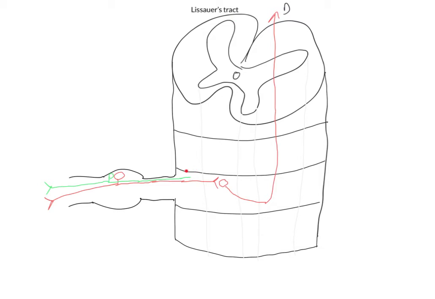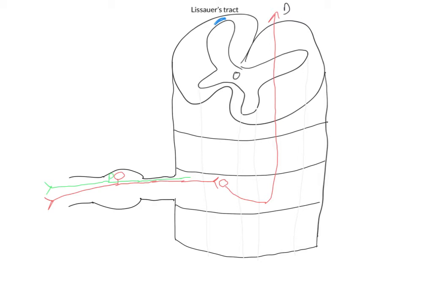I know that doesn't come across really on my attempt at the 3-dimensional depiction, but the truth of the matter is that Lissauer's tract is found just in this region up here, so it's a relatively small bit of white matter. However, within this Lissauer's tract, the axons of these first order sensory neurons can ascend a couple of segments.